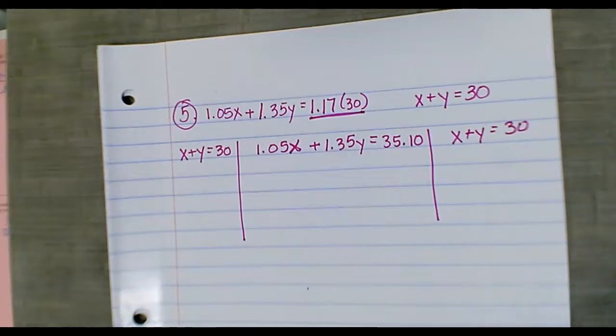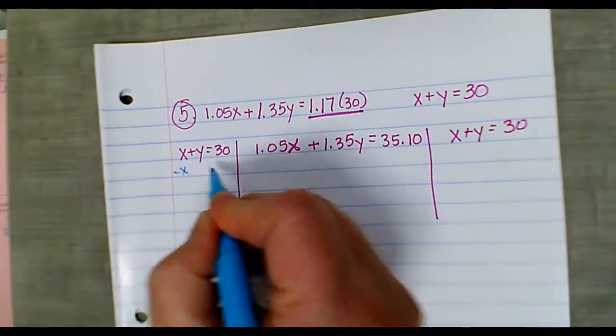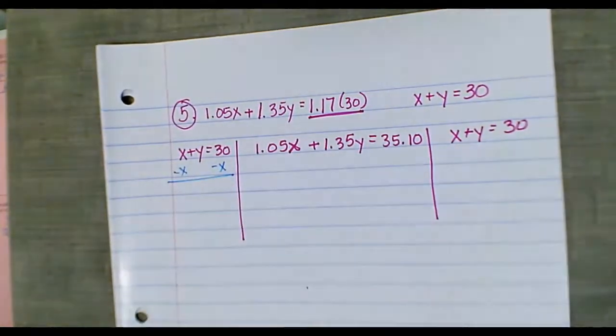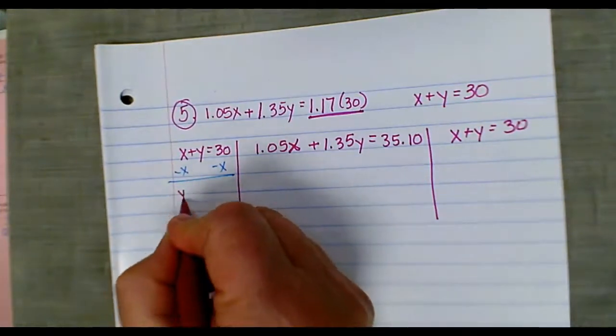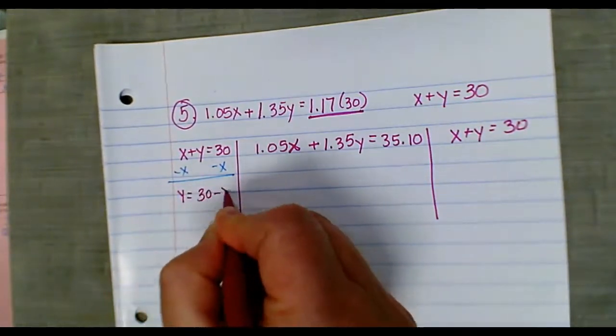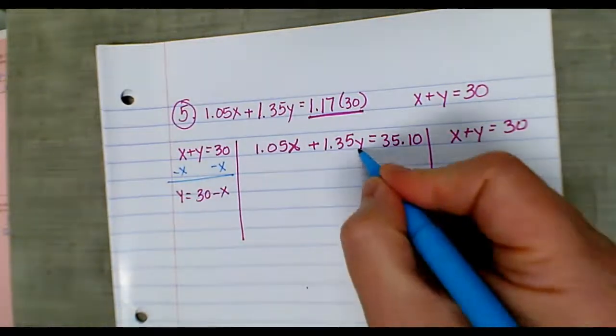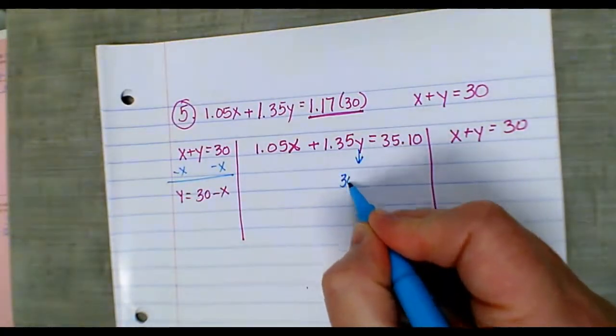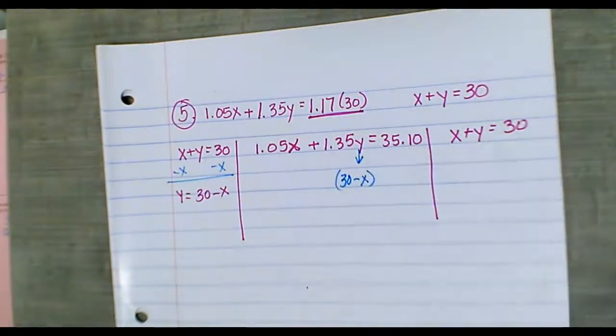There's not one that's more difficult. So what is your choice? You want to solve for X or Y? So somebody wants to solve for Y, so we're going to subtract X from both sides, and Y will be 30 minus X. So this Y right here will be 30 minus X.